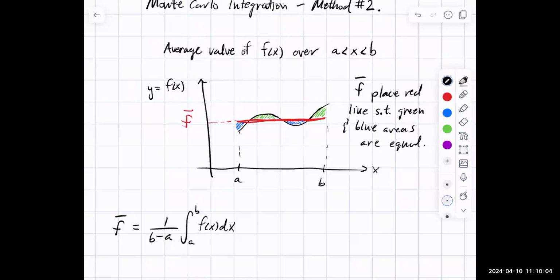So another way of saying the same thing is that the total area under the red line is exactly the same as the total area under the function, because the area under the red line includes the blue parts that aren't part of the area under the function, but it misses the green parts. But because the blue and green parts have exactly the same area, the area under the red line is the same as the area under the function.